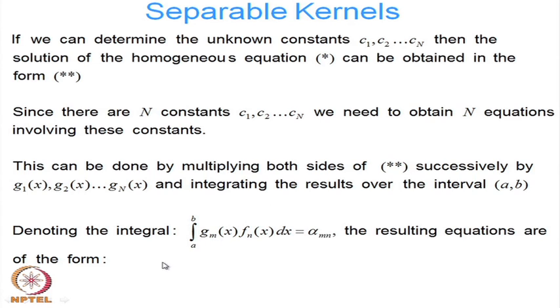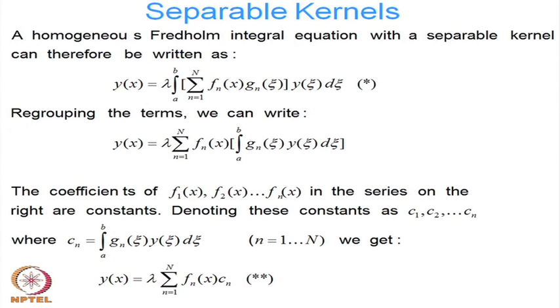We denote the integral from a to b of g_m of x f_n of x dx as alpha mn. So, basically we are looking at this equation and multiplying both sides say by g1 of x, and integrating between a to b.